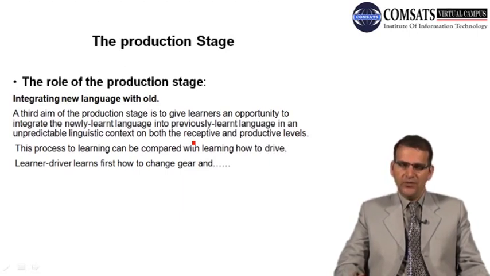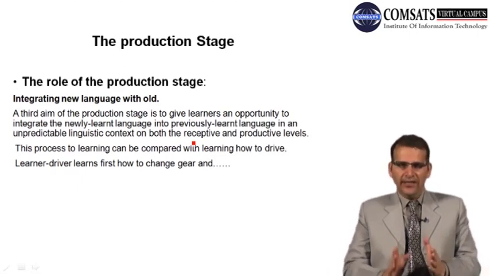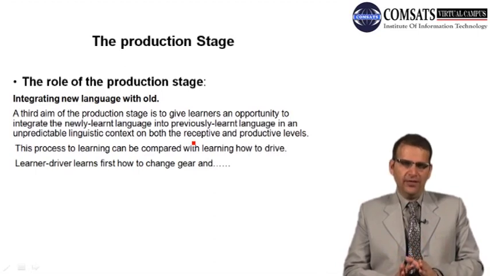So that's why the role of the production stage is to integrate, because students produce well if they can link the previous knowledge with the item that was taught in this lesson, right?